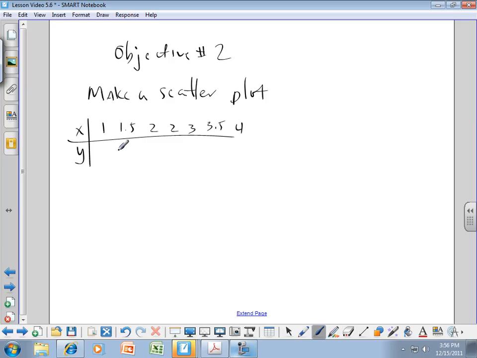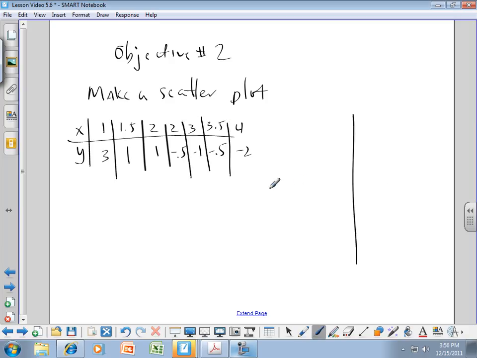And here we go, 3, 1, 1, negative 0.5, negative 1, negative 0.5, and negative 2. So basically what we've got here are a bunch of ordered pairs. Do you see them? And to make a scatter plot, you simply plot them. You graph those points. That's all this is.